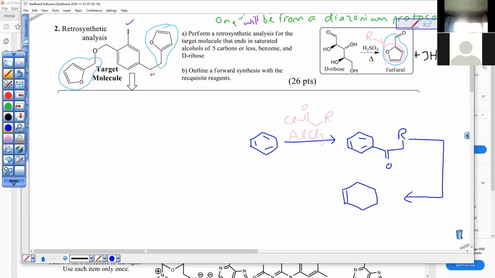I'll put this in a square thing here. R. And how do you do that? Nitro first. HNO3, H2SO4.